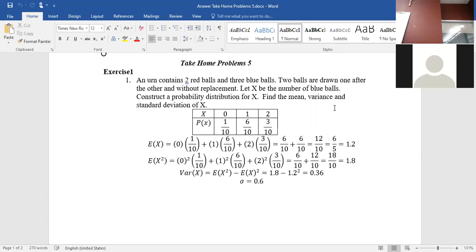So the probability of having no blue balls is both are red. For both to be red, that will mean that the first is red and there is no replacement, and the second is red. So there are 2 red and 3 blue. So here we'll have 3 over 5 and here 2 over 5. Here we will have 2 over 4 and here 1 over 2.